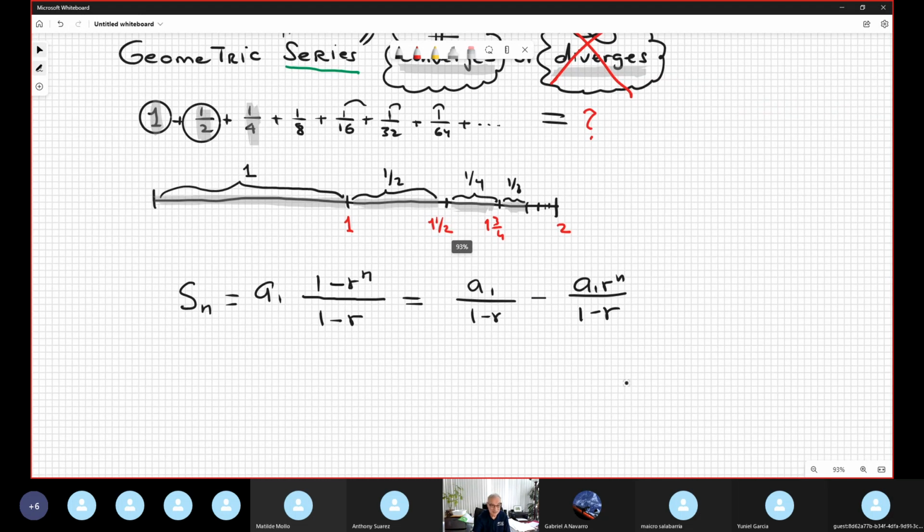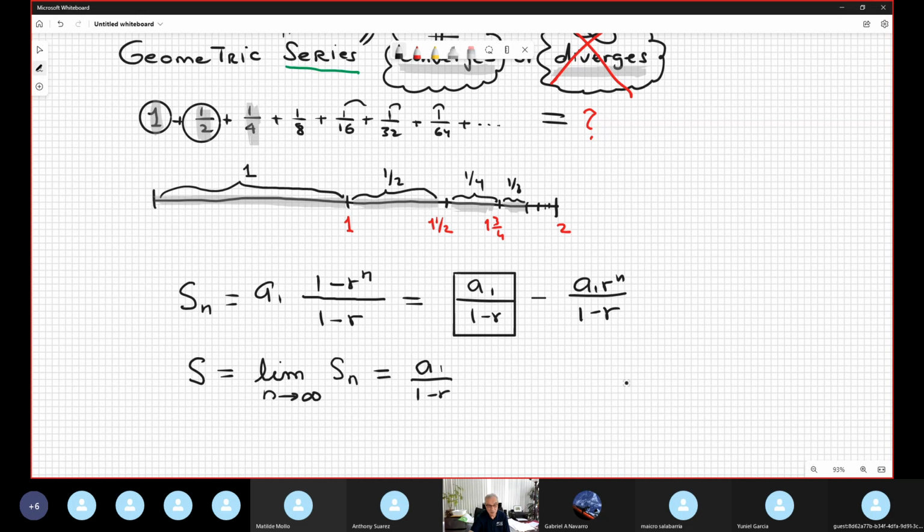But the thing is, I want S. Who is S? S is the limit when n approaches infinity of the A sub m. And when you apply the limit, that part is constant and it stays the same. It's a number, because it does not depend on m.